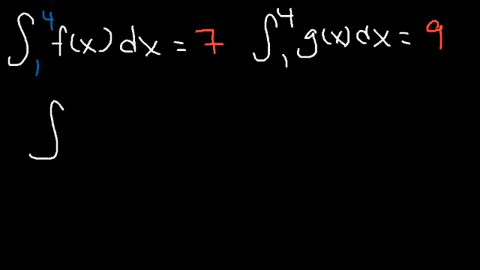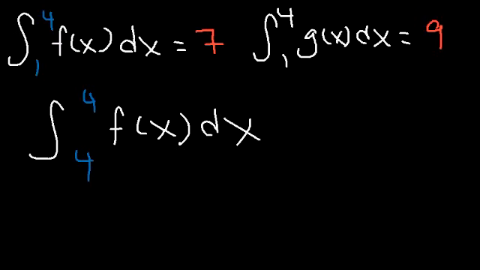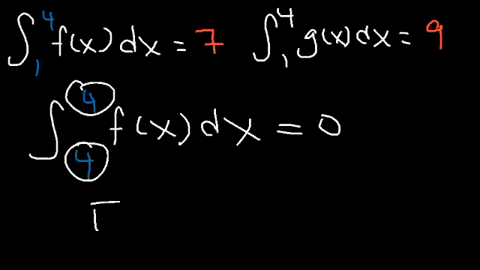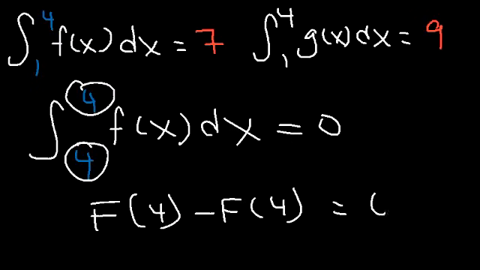Now, what is the integral from 4 to 4 f of x dx? If these two are the same, then it's going to be 0. F of 4 minus f of 4 is equal to 0.